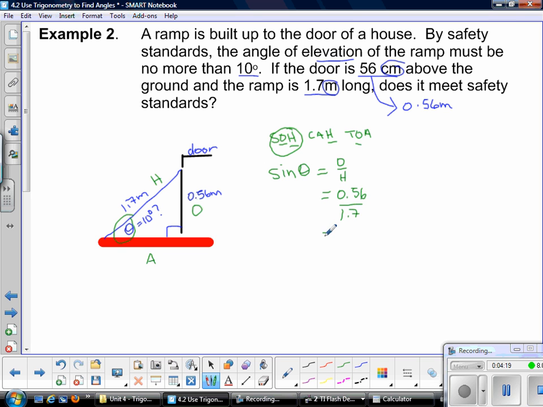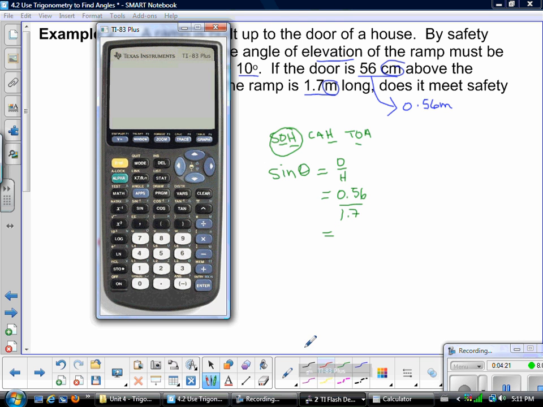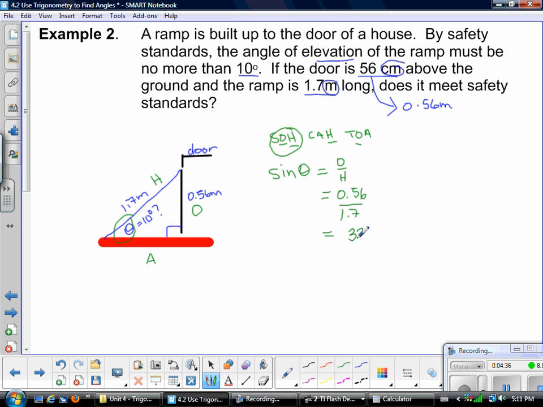So I'm going to take my calculator and actually calculate to see what that is as a decimal. So 0.56 divided by 1.7 equals 0.3294.